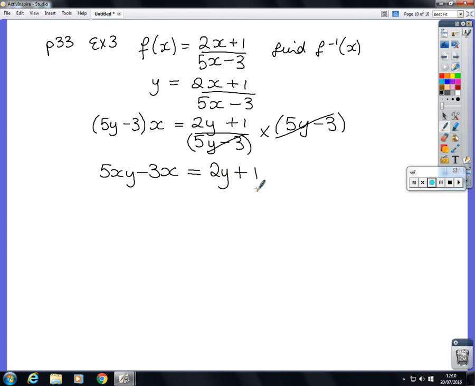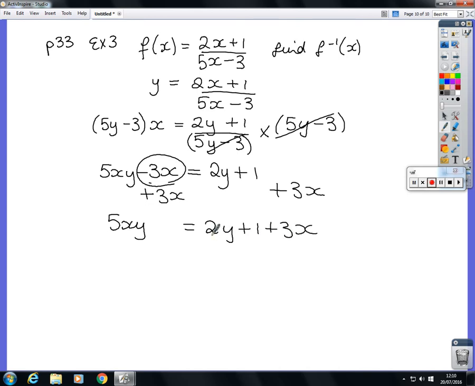Now I'm trying to get y on the left, so we're going to move negative 3x, this one. We need to put that on the right hand side, so we'll do that by adding 3x to both sides. 5xy equals 2y plus 1 plus 3x.